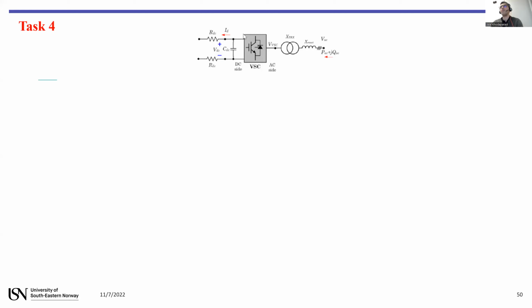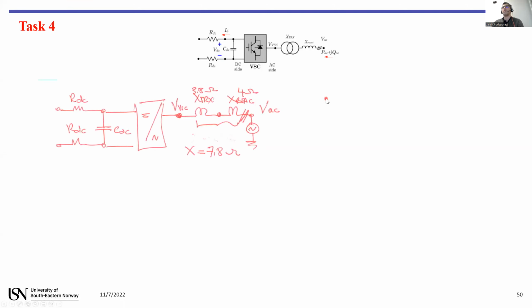In the system we have here, this is the power system you have. Voltage source here, two reactances, and the voltage of the grid. The sum of the two reactances will be this one, 7.8.